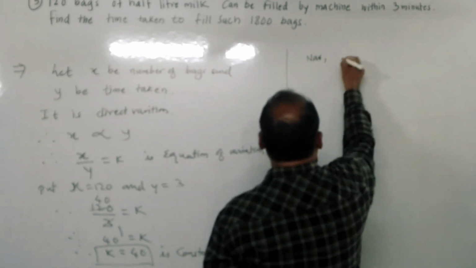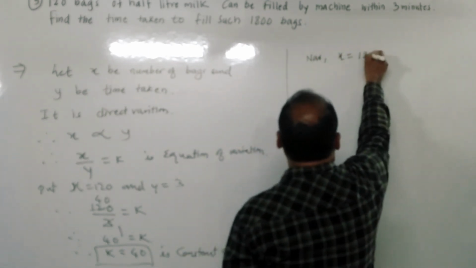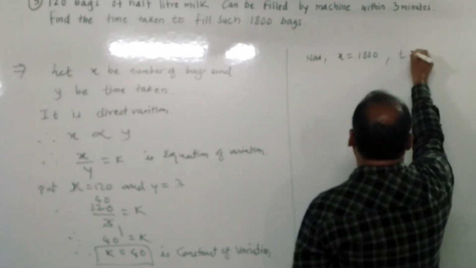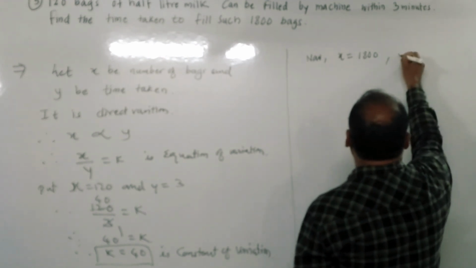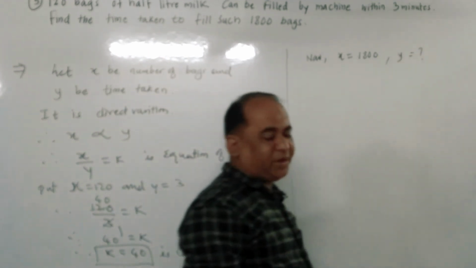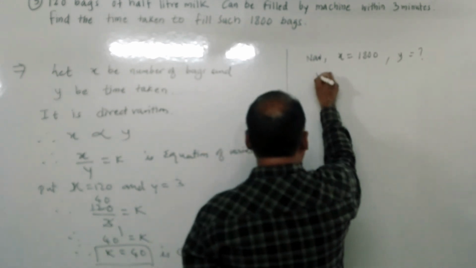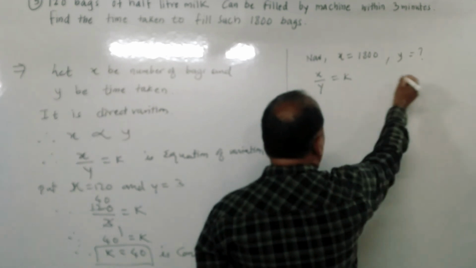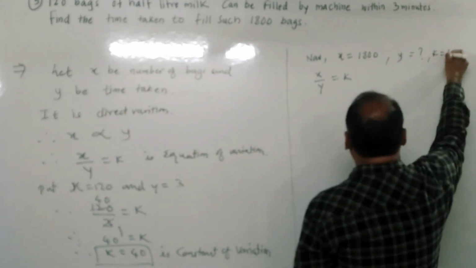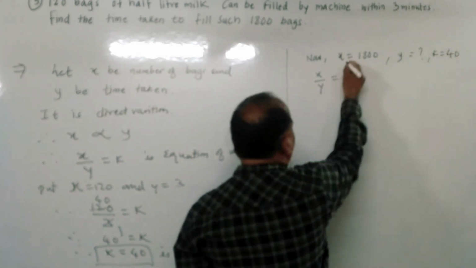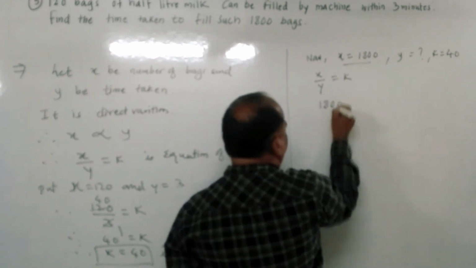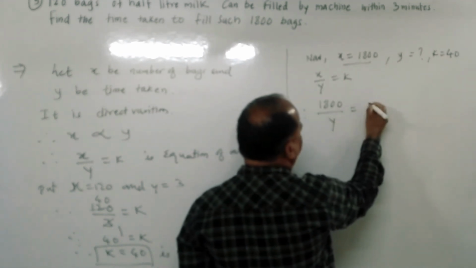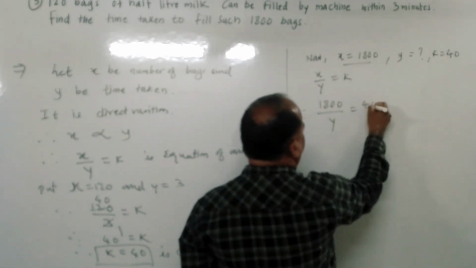Now, find the time taken to fill such 1800 bags. Here the number of bags x is equal to 1800 bags, and we have to find the time taken, y. Our equation of variation is x upon y is equal to k, where k is equal to 40. Now put x equal to 1800, so 1800 upon y is equal to 40.